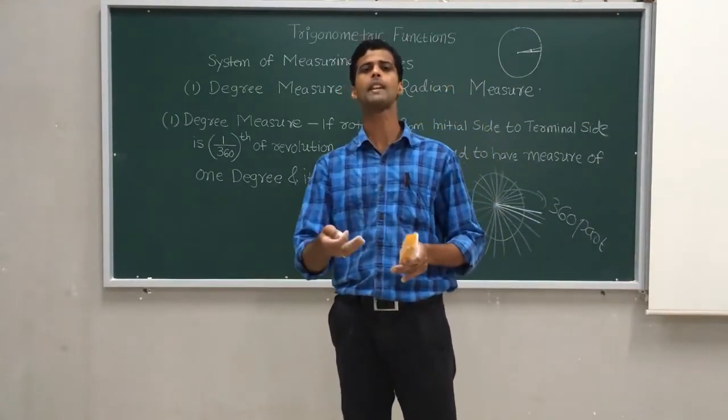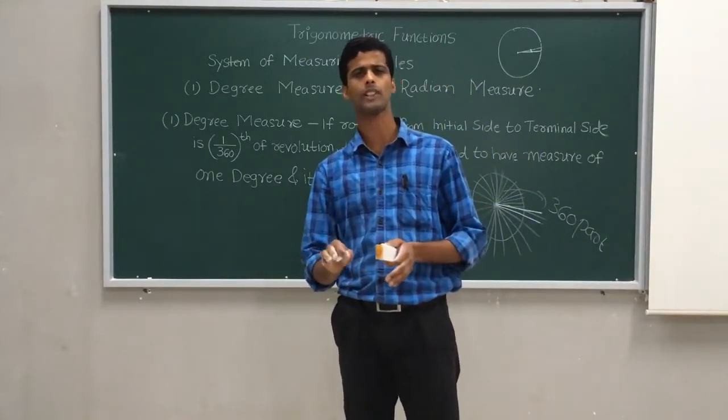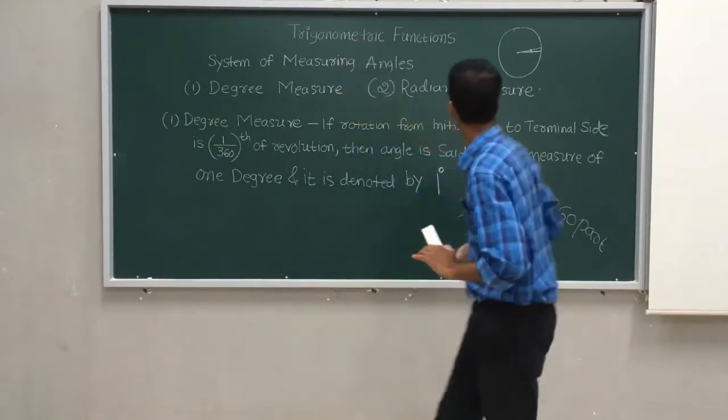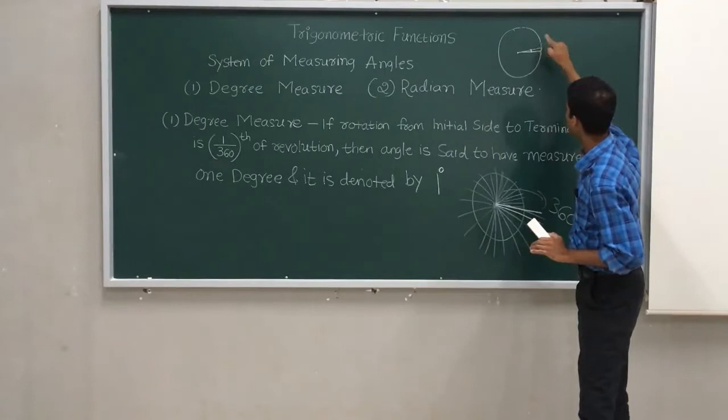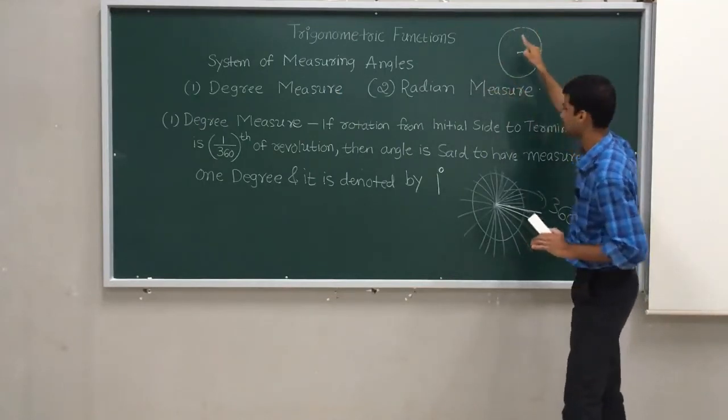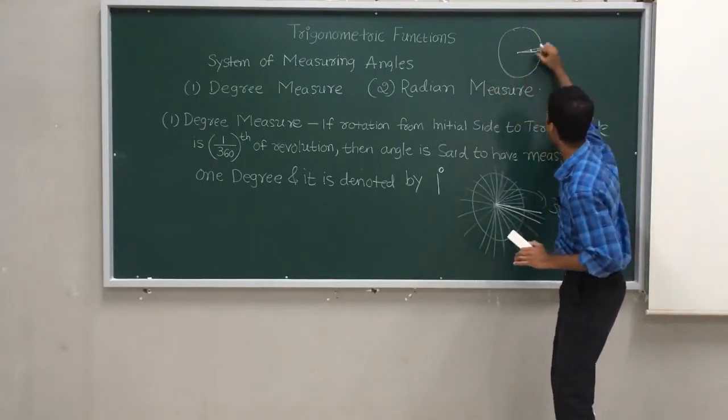Therefore, I will take anti-clockwise because I will get a positive answer. If rotation from initial side to terminal side is 1/360th, it means out of 360 I have taken one part.